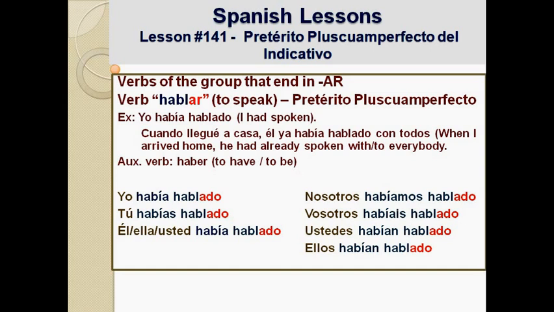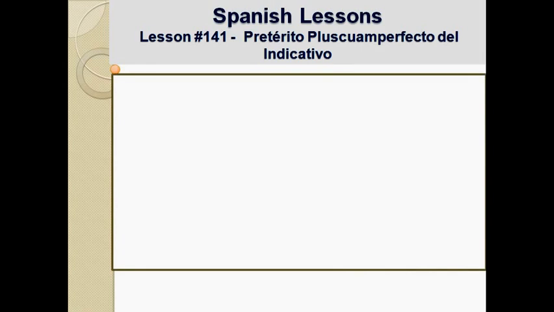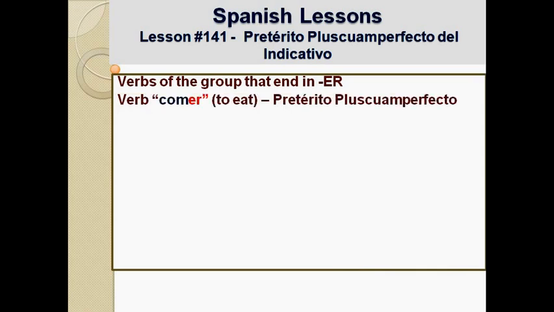Okay? Let's continue with the second group of Spanish verbs, the verbs that end in er. We choose the verb comer as an example to conjugate. Comer means to eat. Example, yo había comido.